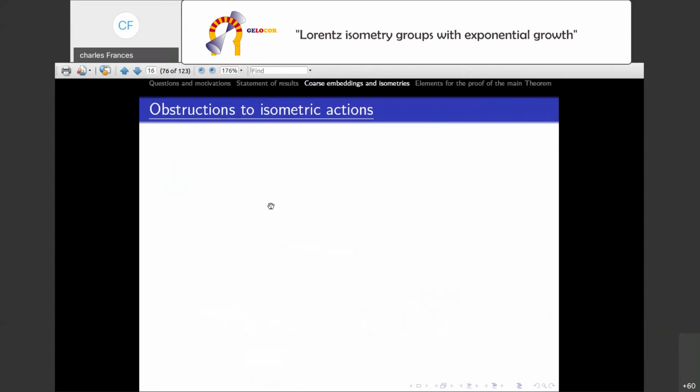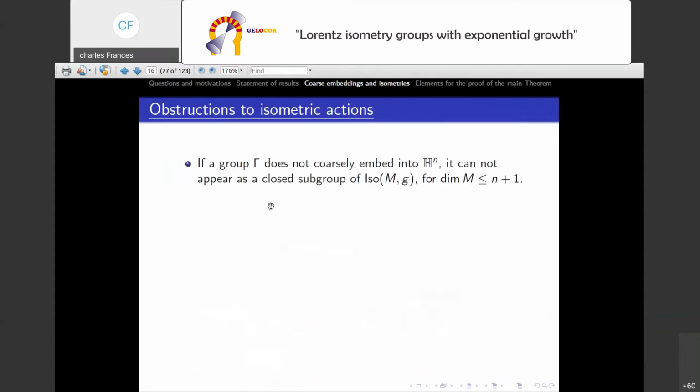So let's just see straightforward consequences of Gromov's remark. If a group Γ does not coarsely embed into H^n, then this group cannot appear as a closed subgroup of Iso(M,g), at least when the dimension of the manifold is controlled by n+1. So that's a direct rephrasing of Gromov's theorem.